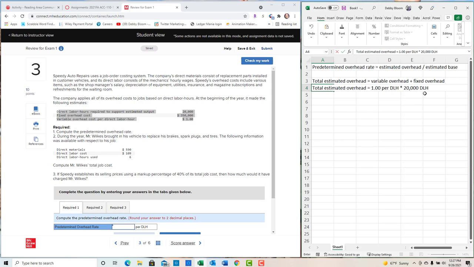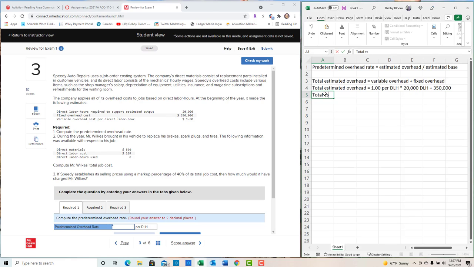So that's my variable overhead. And then I just add my fixed overhead, which was given in the problem, of $350,000. So that's going to equal a total of $370,000 of estimated overhead. 1 times 20,000 is 20,000, and then I add 350,000.